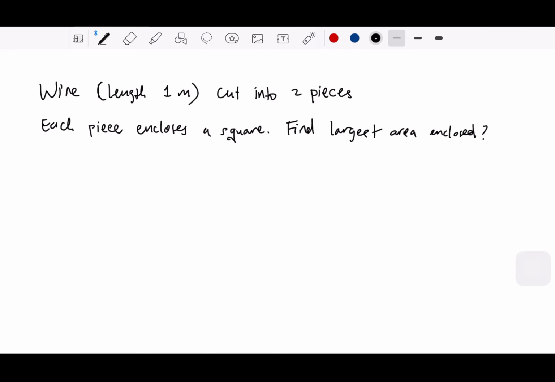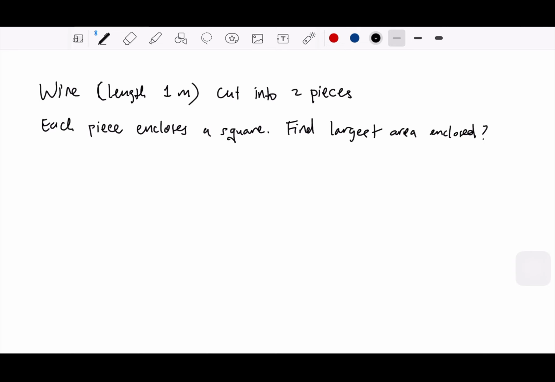Maybe equal, or maybe small and large, or large and small, depending on your drawing. But we just assume one and then we cut, and then maybe X. We just assume that. And then we make each of them a square. A square means the length should be the same. If this is X, this is also X.